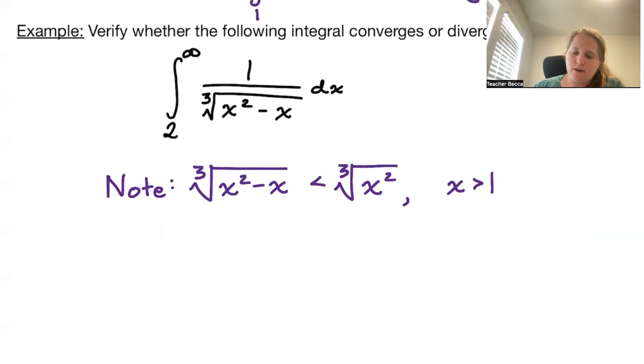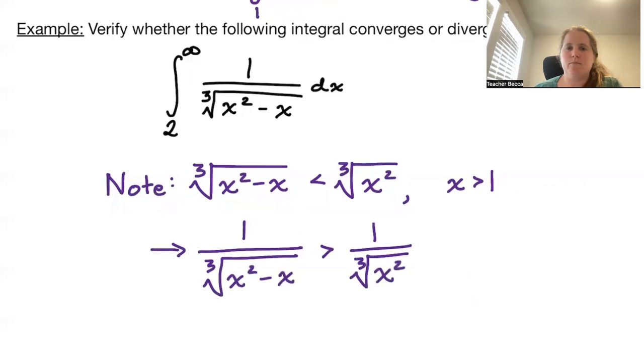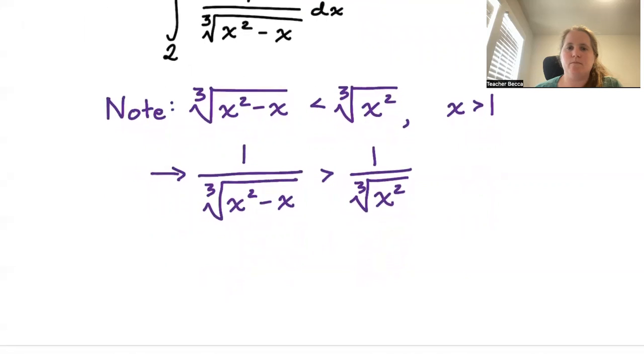So we have, therefore, 1 over the cubed root of x squared minus x should be greater than 1 over the cubed root of x squared, and then of course that is greater than 0 on the interval from 2 to infinity, which is what our integral is over.